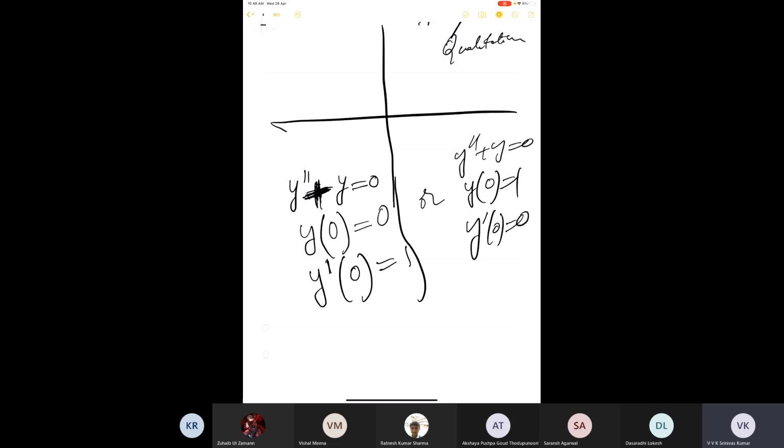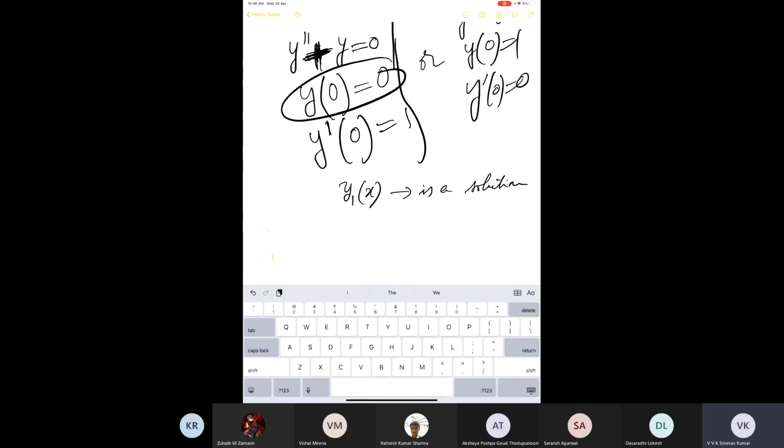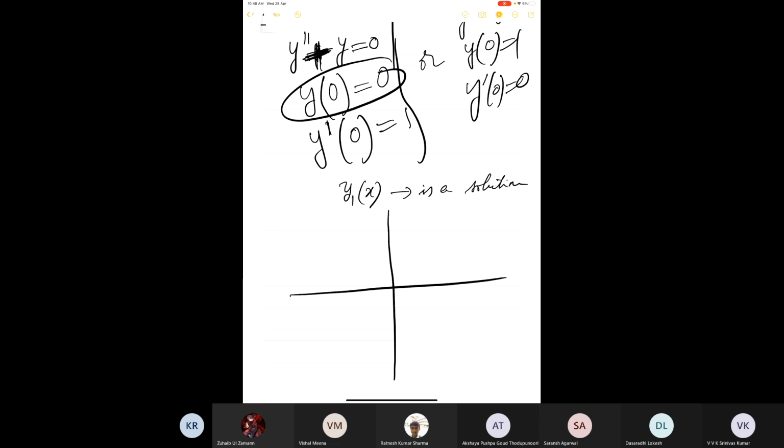So let us say y1(x) is a solution. Now we can study the behavior of y1. Because this is a solution of this equation, y1 of 0 is 0, and y1 prime of 0 is 1. What does this say? That is, y1 is a function which starts at the origin, its value is 0.